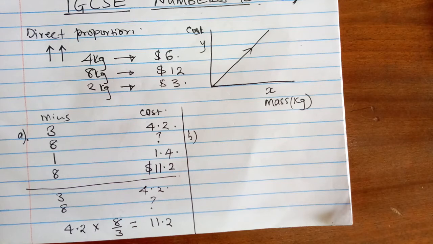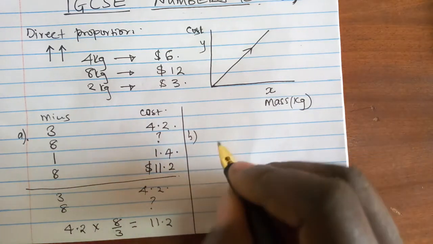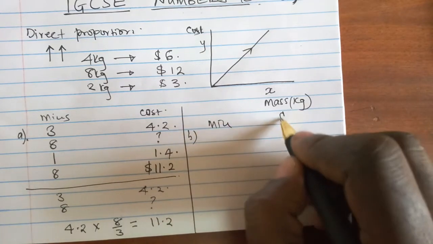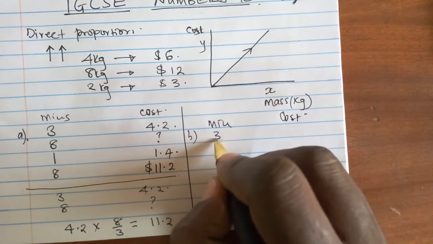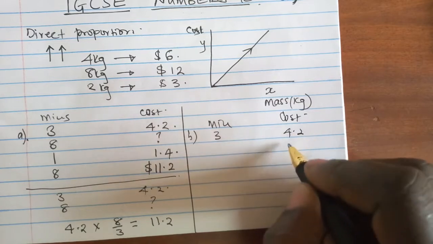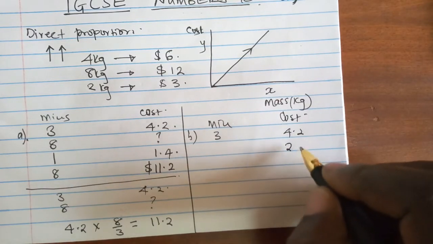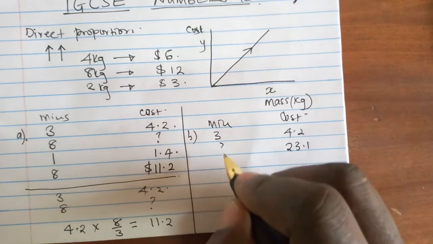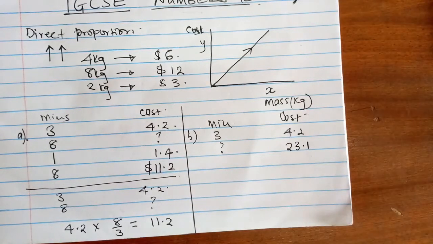How long is a call that costs 23.1? You know, there is the minute here and there is the cost. We had 3 minutes, we had 4.2. Now we have 23.1. The question is on minutes.